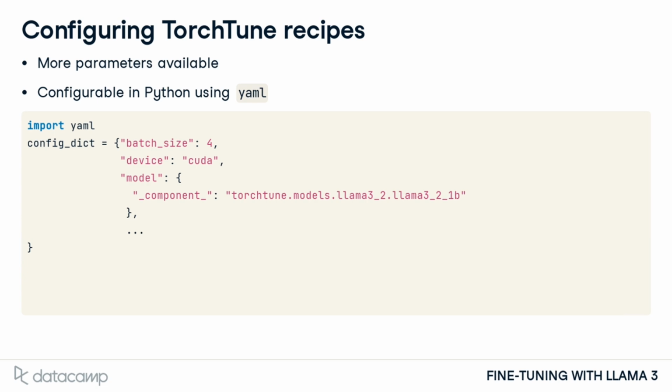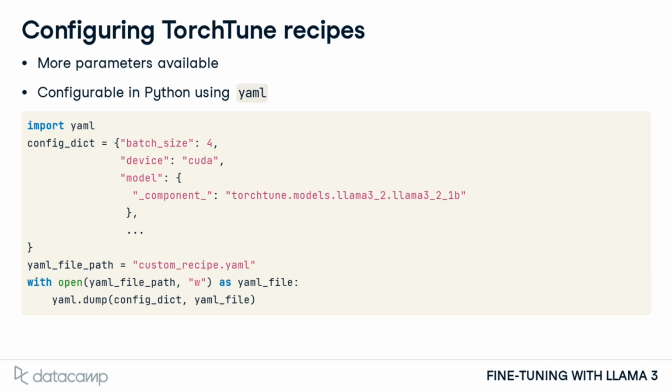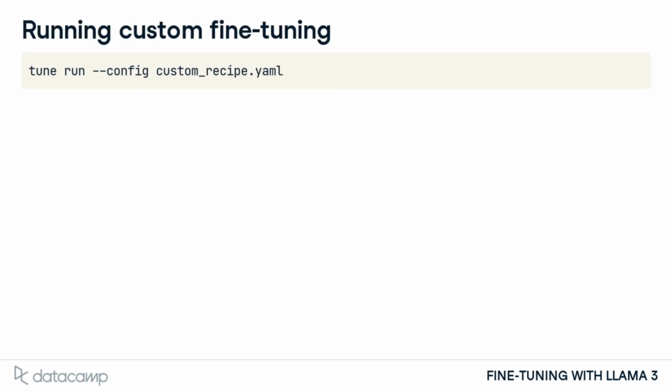Additional components, like the dataset or optimizer, can be added similarly. We then use the YAML.dump method to save the dictionary to a YAML file, in this example saved to customrecipe.yaml.